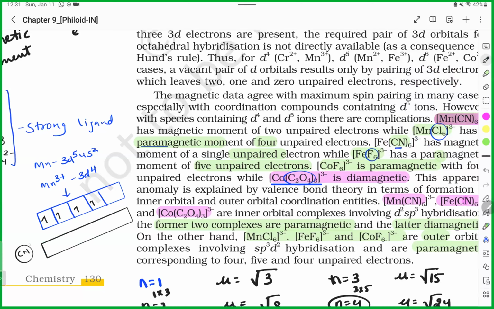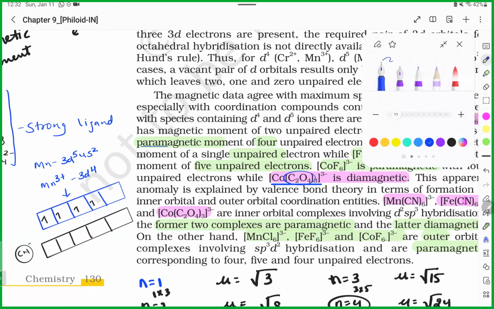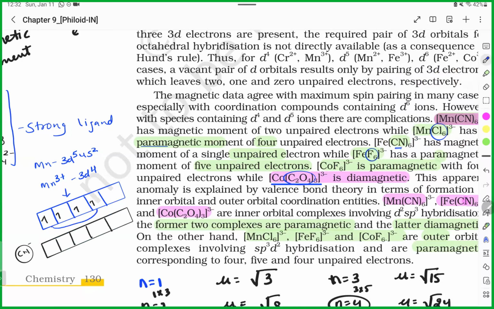In presence of cyanide, the number of orbitals will remain the same. So if it causes pairing, this electron will go into this. It will cause pairing, this and this. And the outer 2 orbitals will be free. This is d2sp3.